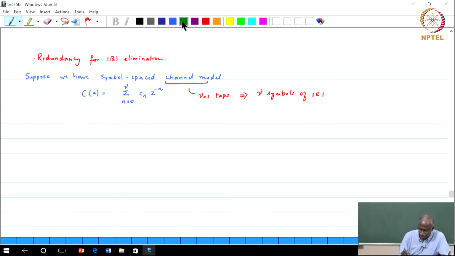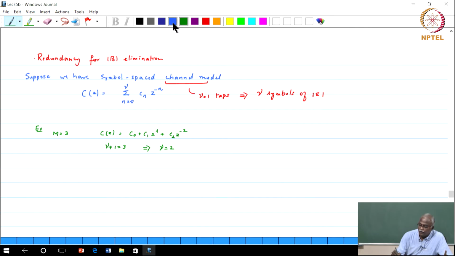Now the important question is answered with a simple example. Take the case where M equal to 3, that means I have 3 parallel channels going in, and I have C of z equal to C0 plus C1 z inverse plus C2 z to the minus 2. This is a scalar example just to illustrate the point. So, nu plus 1 equal to 3, which means that nu is equal to 2 symbols of ISI; the previous symbol and the one before that will cause the interference.